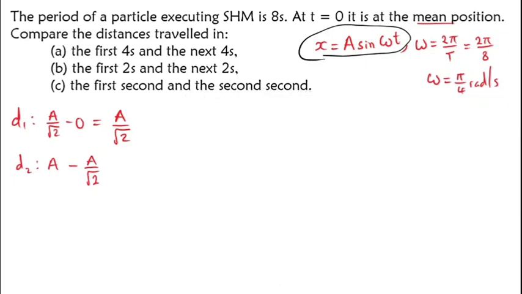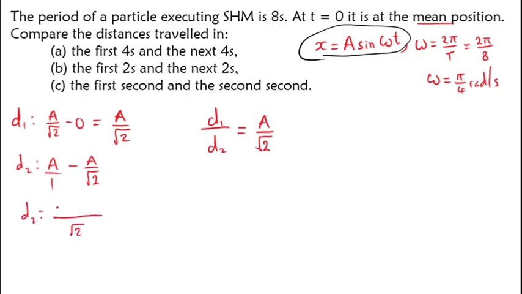So if we are to compare these two, we'll simply say distance of the first, which is d1, over distance of the second, which is d2. So distance of the first is A over root 2. Now for d2, let's subtract these two fractions. Our LCM here is root 2.